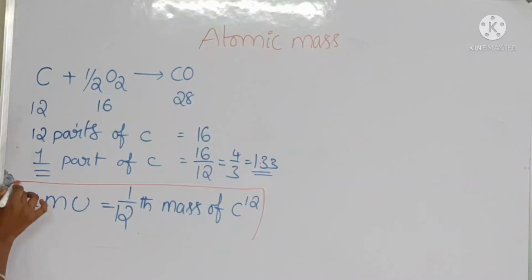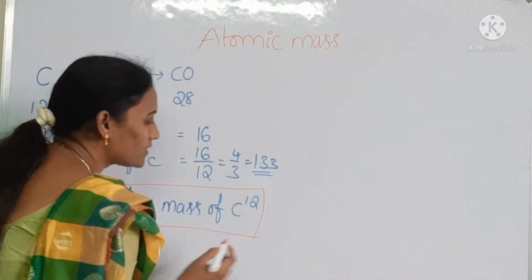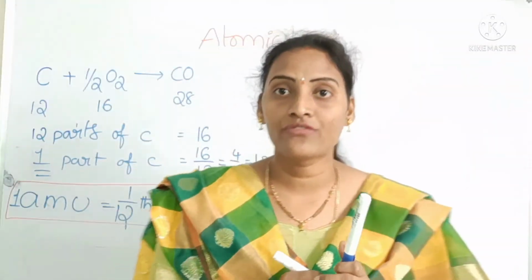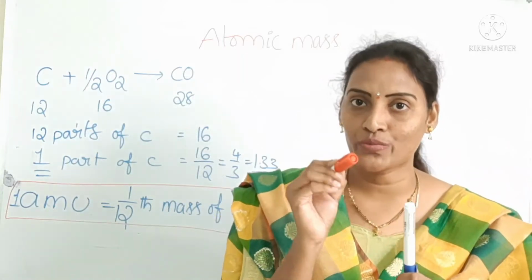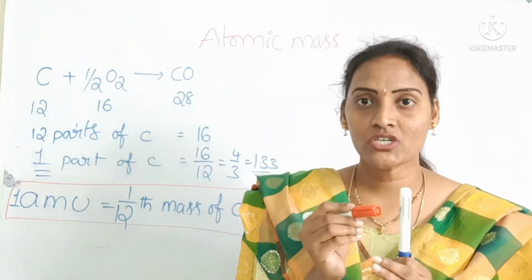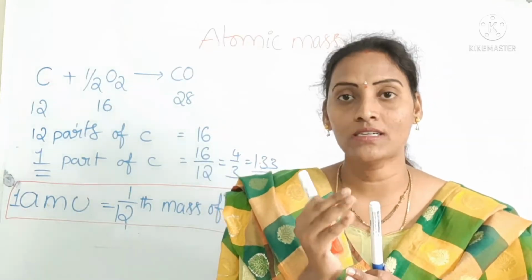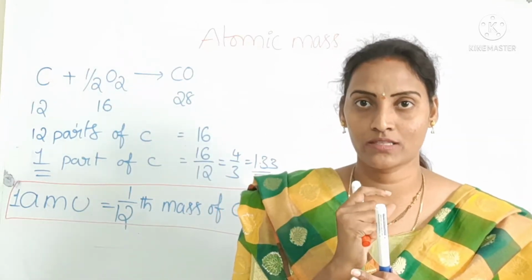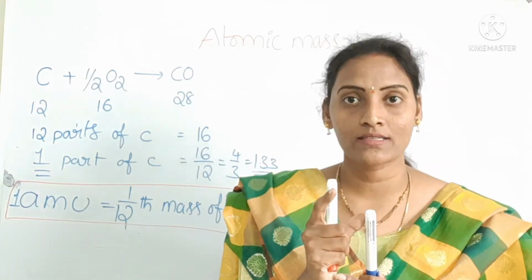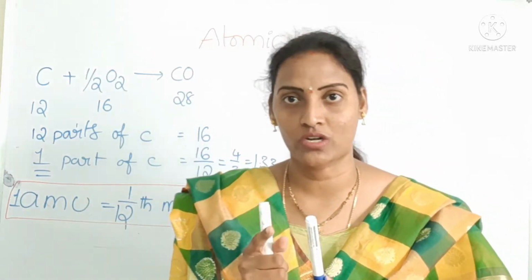How is this AMU useful to us? This AMU is the simplest unit of mass. It is used to measure the mass of an individual atom and the mass of subatomic particles also. Subatomic particles are nothing but electron, proton, neutron.